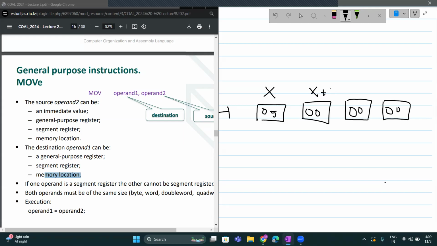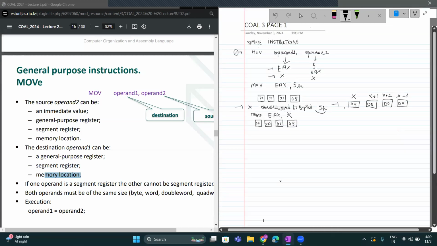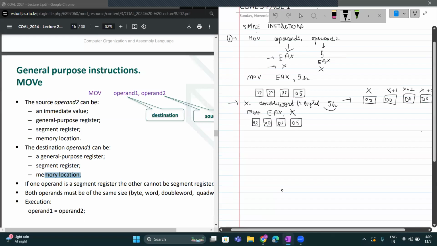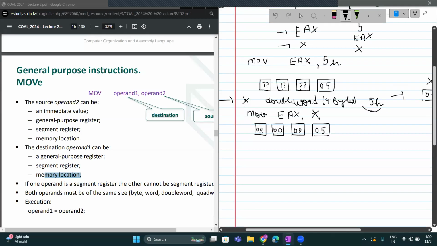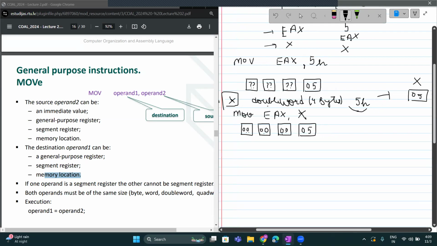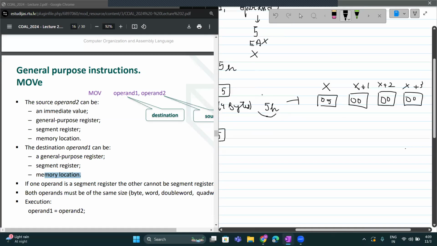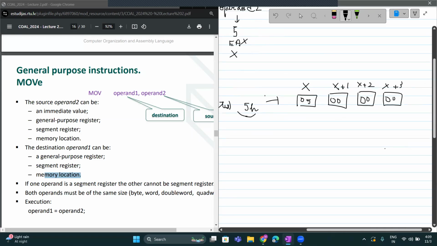In the memory, it's always the opposite order. So this is how normal code works. First of all, we declared it in memory as the variable x in the form of double word, that means 4 bytes. And this is the actual hexadecimal value. So in the memory, it will be in the opposite order.